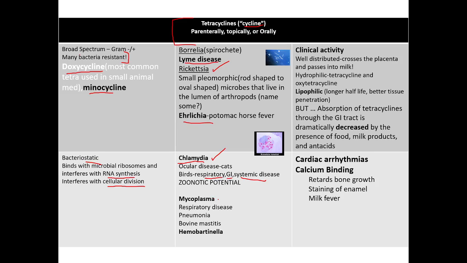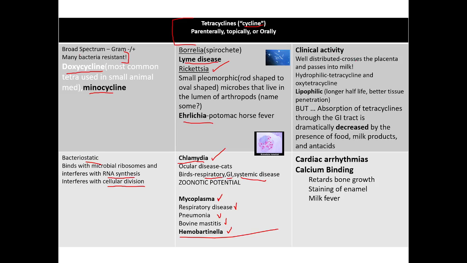We can also see it being used with mycoplasms, which are really hard to kill because that shell, that mycolic acid that's around the cell wall, which causes respiratory disease, pneumonia, bovine mastitis, and we can also see it with Hemobartonella, which is cat scratch fever. So Lyme disease, Ehrlichia, chlamydia, mycoplasma, Hemobartonella, these are all difficult to kill microorganisms.